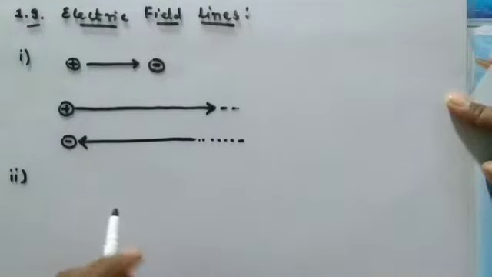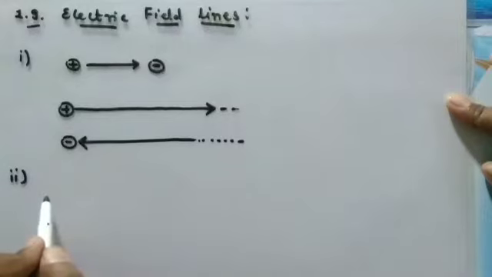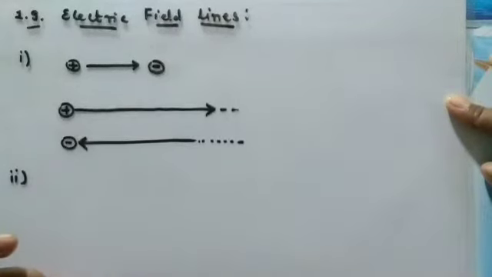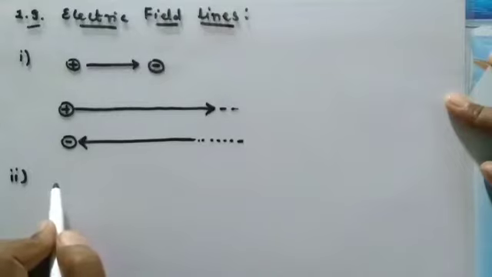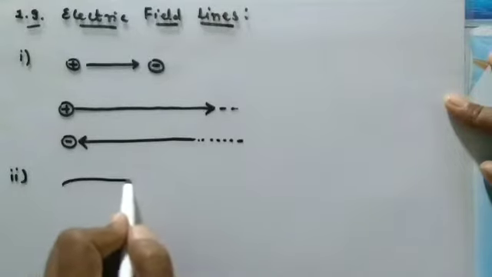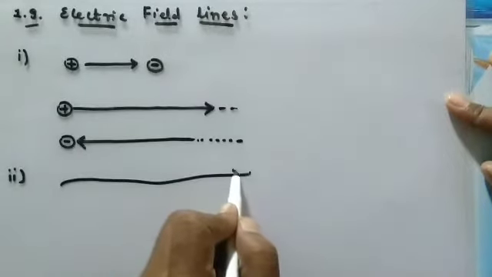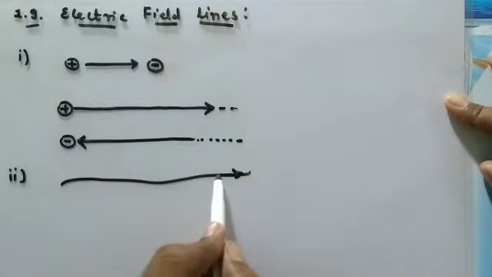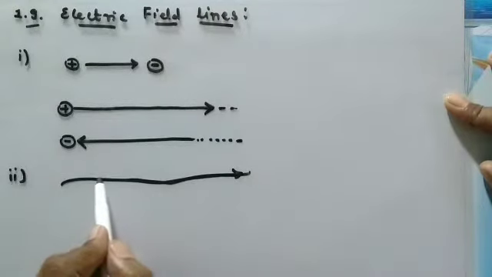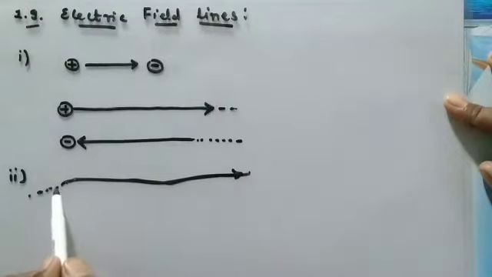So if the charge is very far away, then the electric field lines will emerge from that charge and move, and in free space these field lines can be considered as continuous curves. You can see here the field line only, there is no charge because the charge is at infinity, somewhere away.